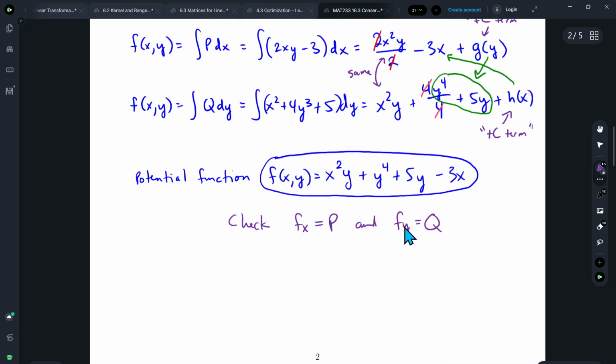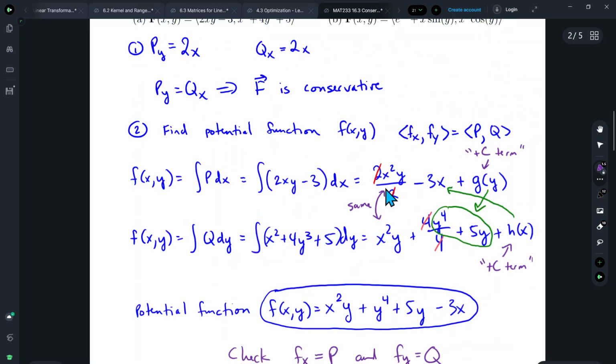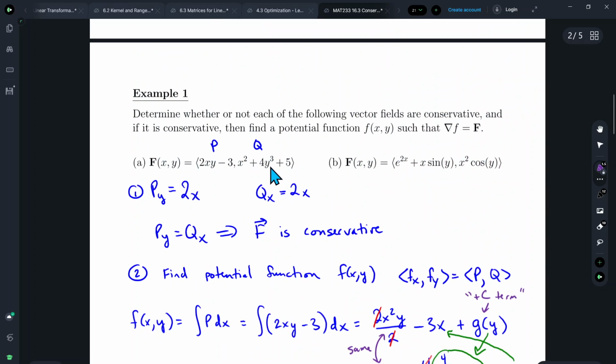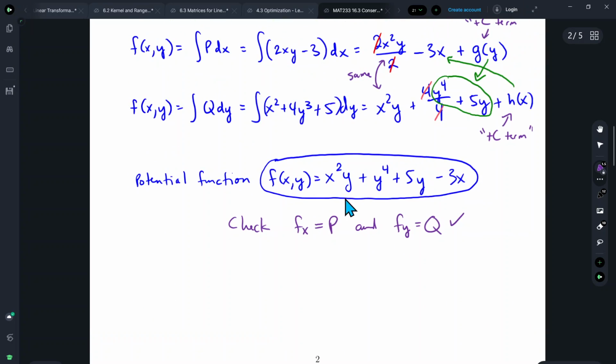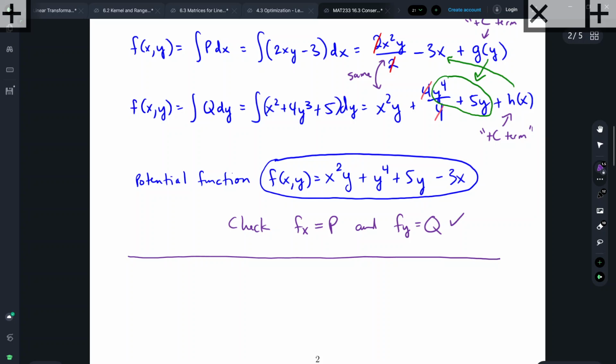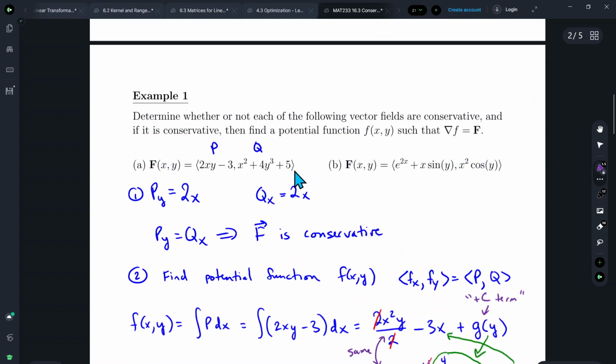And if you take the partial of f with respect to y, you get x squared plus 4y cubed plus 5. So everything lines up, and we have our potential function. Okay, so that's the first vector field here.